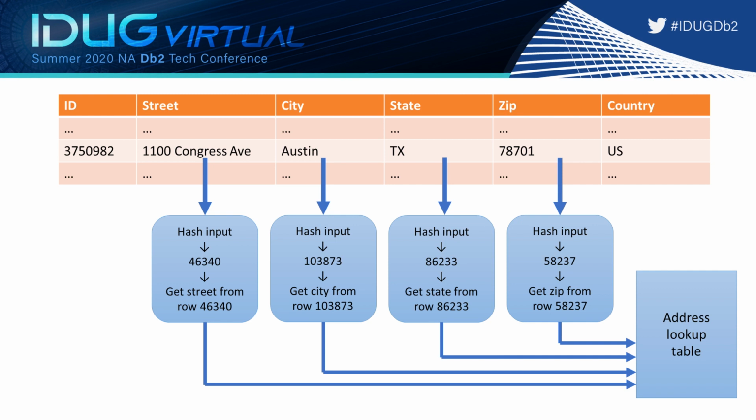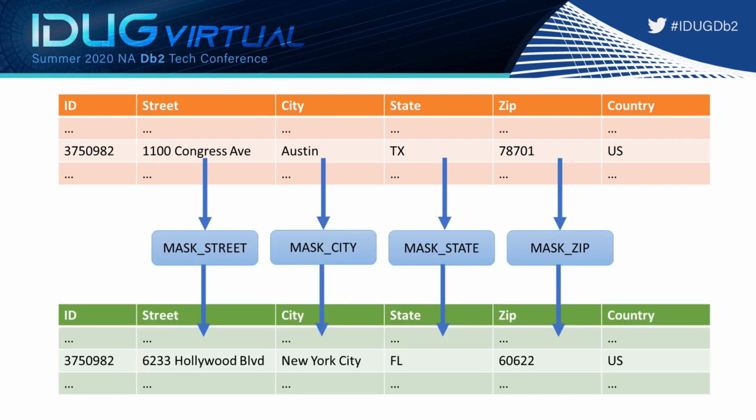And for the city, we would look into a different row and grab the city name. And the state and zip code come from different rows as well. So you can immediately see the problem here. All 4 functions return values that are valid street names, valid zip codes, and so on, but together they don't make sense. Hollywood Boulevard is a street that most certainly exists, but it is not in New York City.